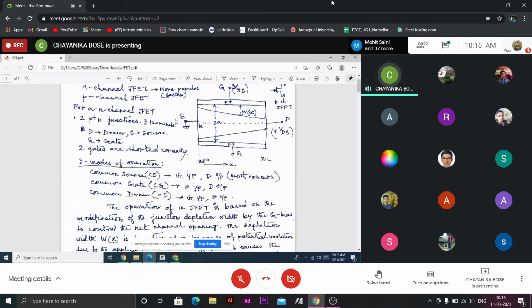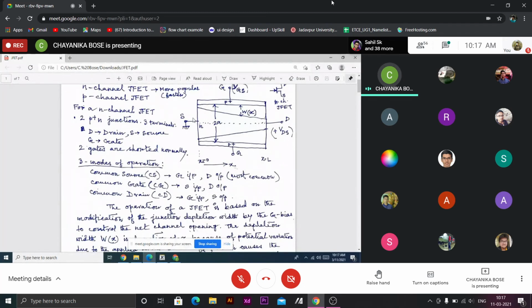The name implies it is the source of the majority carriers. It will provide the carriers, and at the drain, with appropriate bias, the carriers will reach the drain and the current will flow through the device.